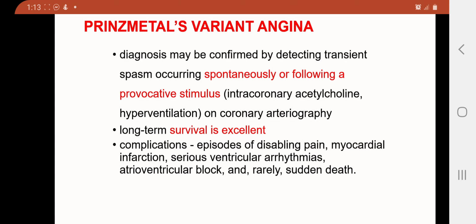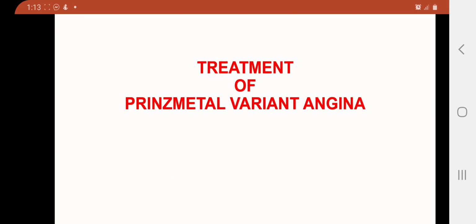Diagnosis may be confirmed by transient spasm following a provocative or spontaneous stimuli like intracoronary acetylcholine or hyperventilation during coronary arteriography. Long-term survival is, however, excellent. Complications are episodes of disabling pain, MI, serious ventricular arrhythmias, AV blocks, and rarely sudden death.